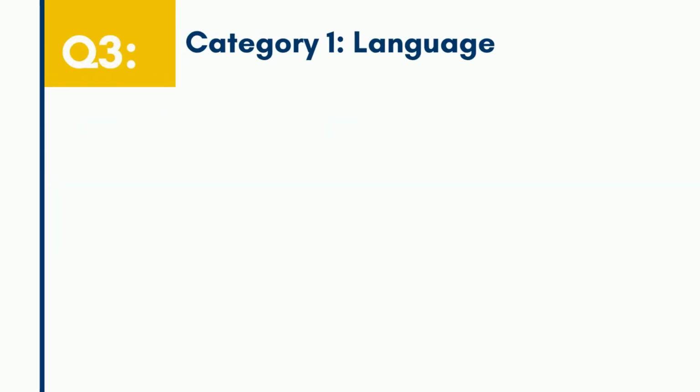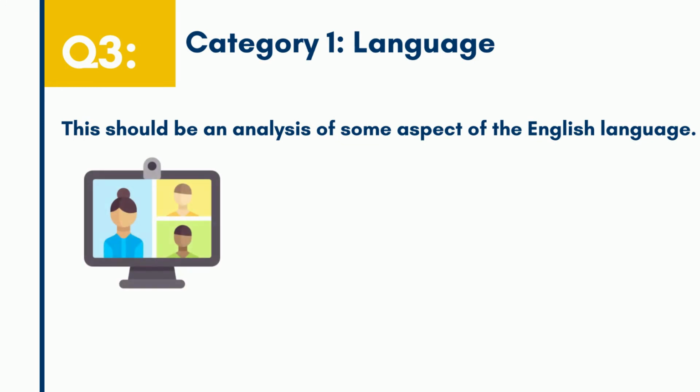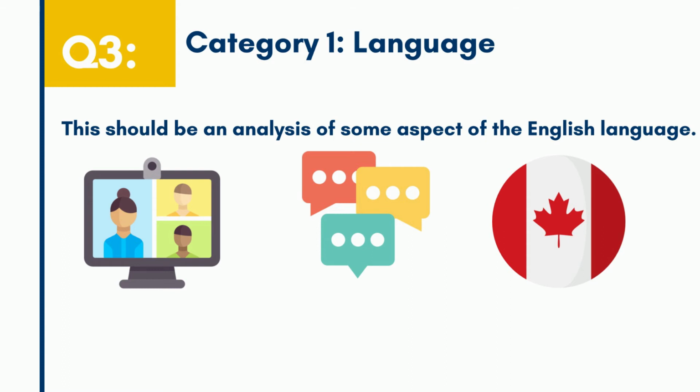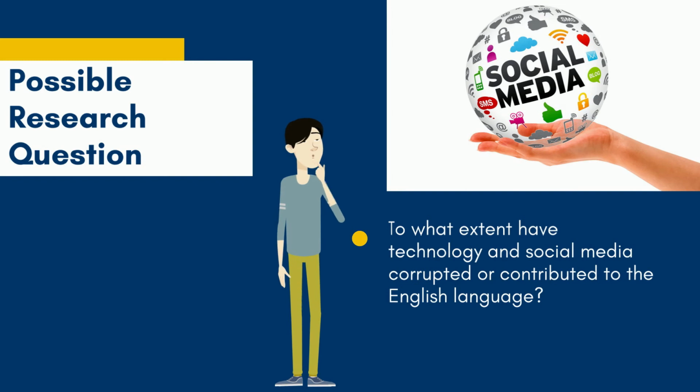The first category is language. This should be an analysis of some aspects of the English language. You could choose topics such as the influence of technology on English vocabulary, the use of accents and dialects, or national language policies of English-speaking countries. The research question we looked at earlier would fit into this category.